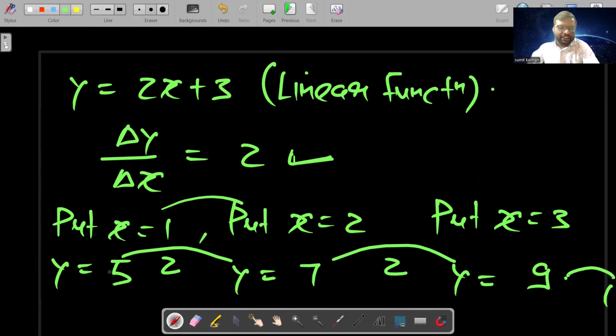Corresponding change in dependent variable is y is equal to 5, 7, 9. How much is change? 5 to 7, 2. 7 to 9, 2. 9 to 11, 2. So here delta y upon delta x is equal to 2. This is the concept of ratio of change in dependent variable with respect to change in independent variable. Now next.